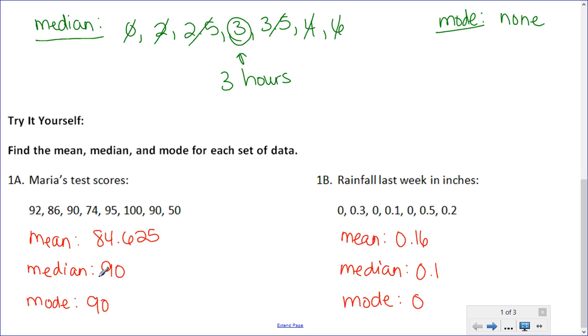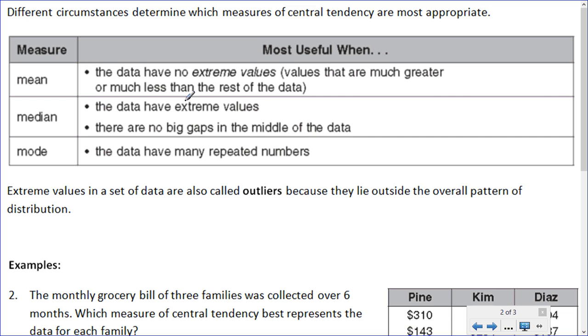But the median doesn't tell you how far below. So this 50 and even this 74 is kind of low also. Those extremes didn't really affect the median at all. But the mean, notice how far that's pulled down based on that 50 and a little bit from the 74 as well. So the median is very useful when the data has extreme values because it'll still give you the middle.